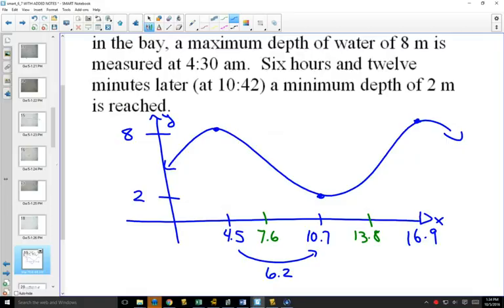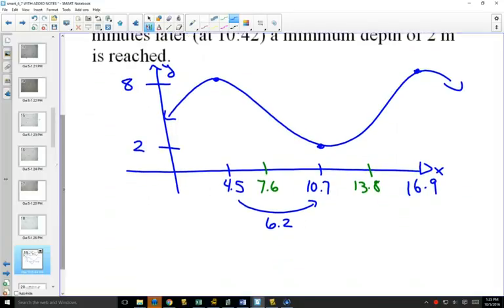Now, part A said graph, which we've done already, and it said find two sinusoidal functions, one with sine and one with cosine, that could model this situation. So again, let's figure out our DAB first, and then see if we can write those equations.